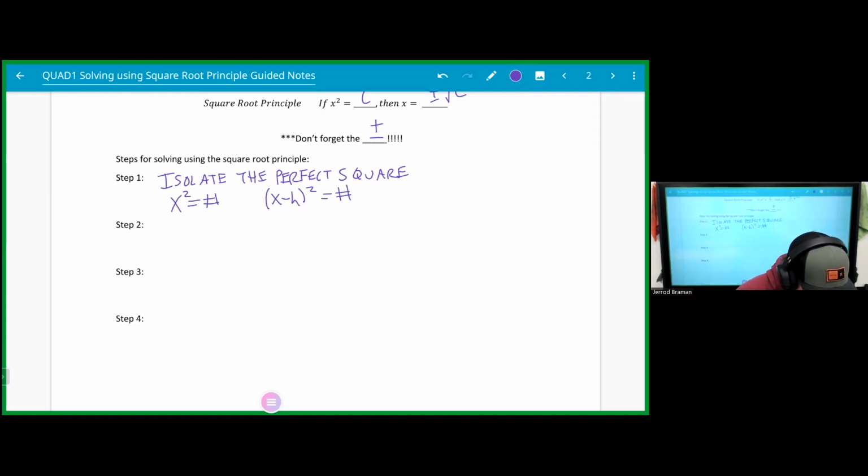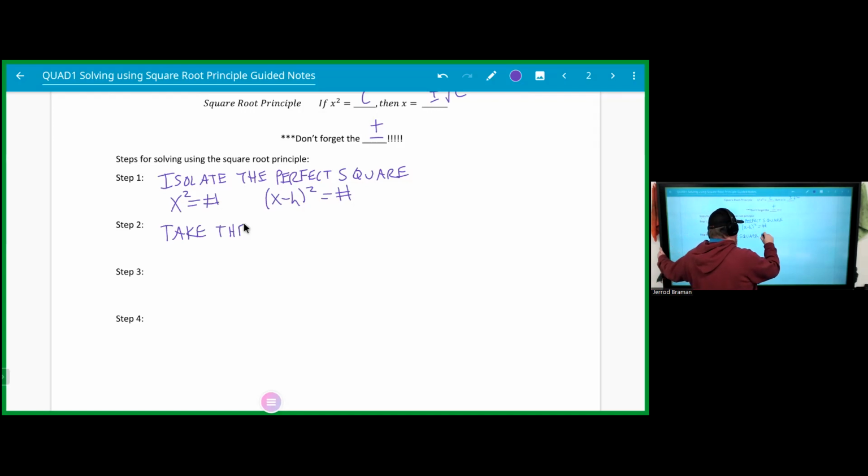That's our first one. The second one, we're going to do the inverse operation. We're going to take the square root of both sides of the equal sign.